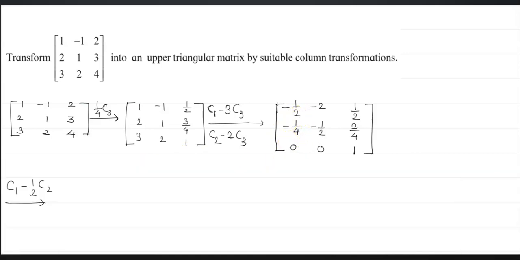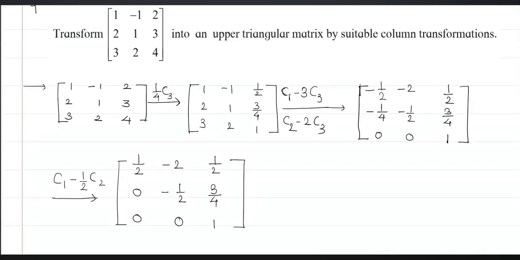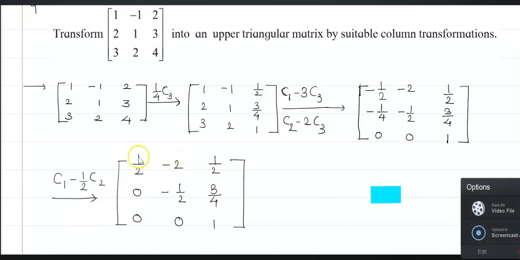See this here, and if you perform that, then you will get 1 upon 2, 0, 0, minus 2, 1 upon 2, 0, 1 upon 2, 3 by 4 and 1, and in this way we get the upper triangular matrix by the column transformation.